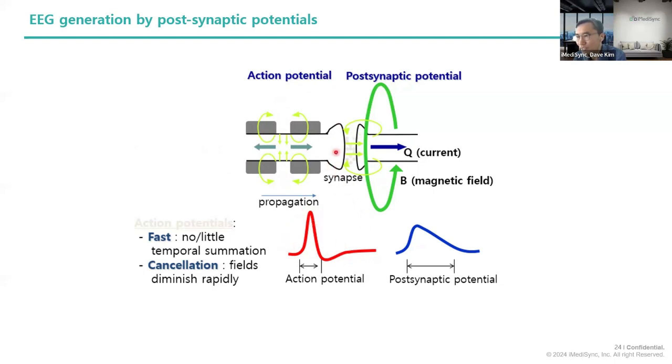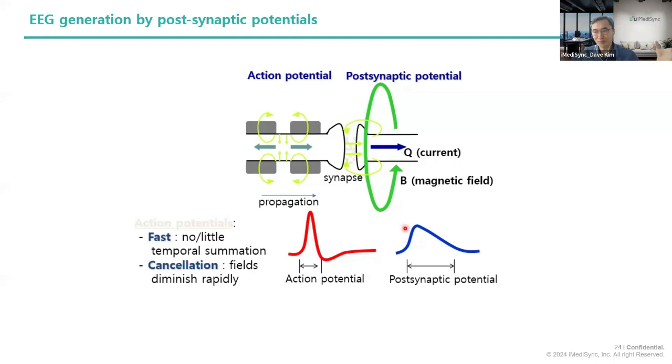Only when this axon and another dendrite make a synapse, this kind of postsynaptic potential is generated. This postsynaptic potential, synchronously generated through the thalamic pacemaking, makes the alpha rhythm.